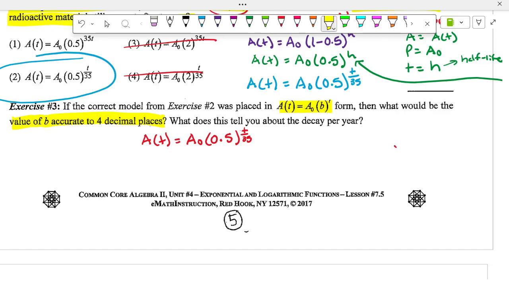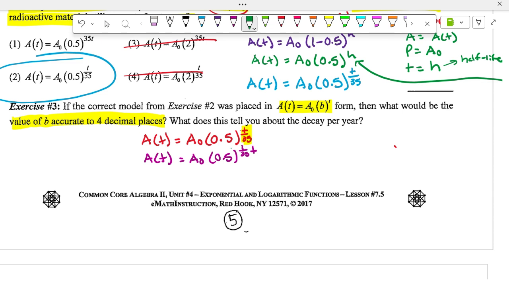So the first thing I need to do is break apart the t over 35 into a fraction times t. Dividing by 35 is the same thing as multiplying by what? 1 over 35. So I'm going to rewrite that first. I have A of t is equal to A₀ (0.5)^(1 over 35 t).